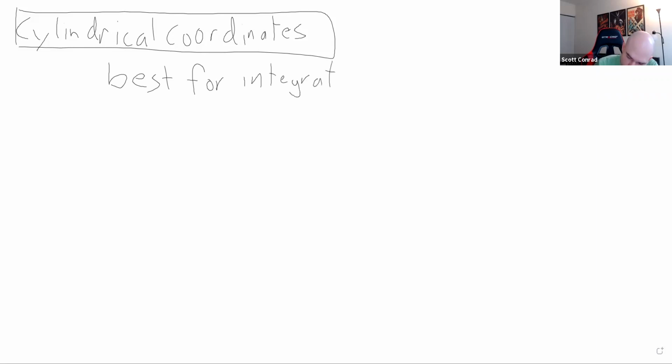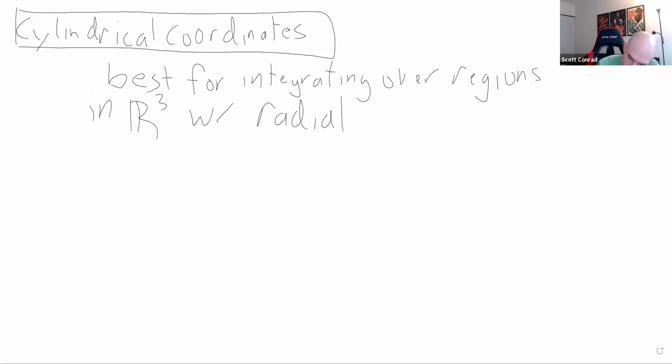So best for integrating over regions in R3, so in space, over regions that have radial symmetry or are pieces of regions with radial symmetry.